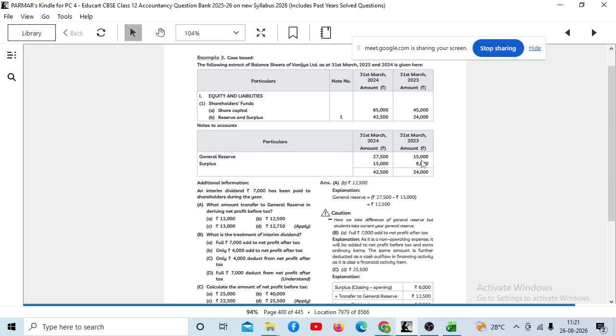Okay, now what is the meaning of general reserve? General reserve means we are saving some part of the profit, right? So if from 15,000 you deduct 27,500, what will be the answer? Don't consider the plus minus sign, we just want to know the difference amount.